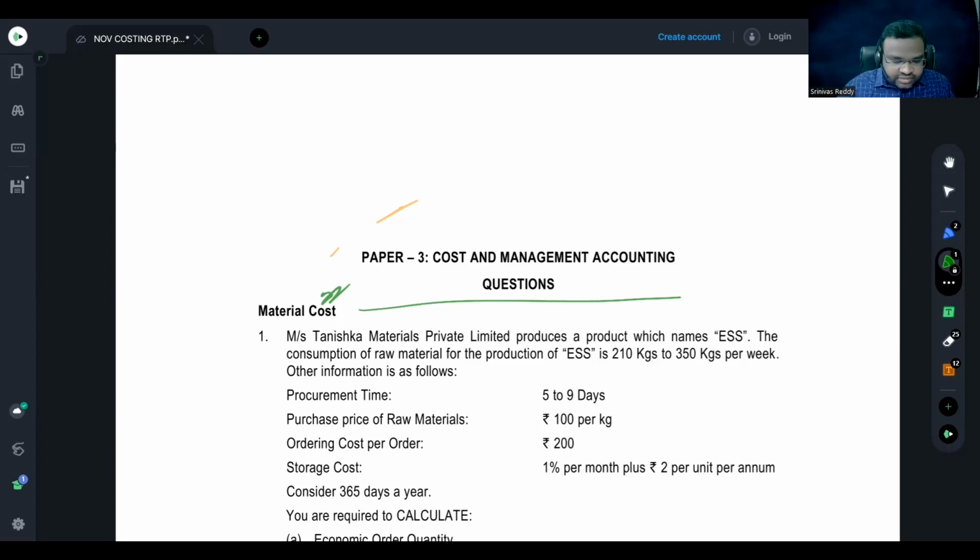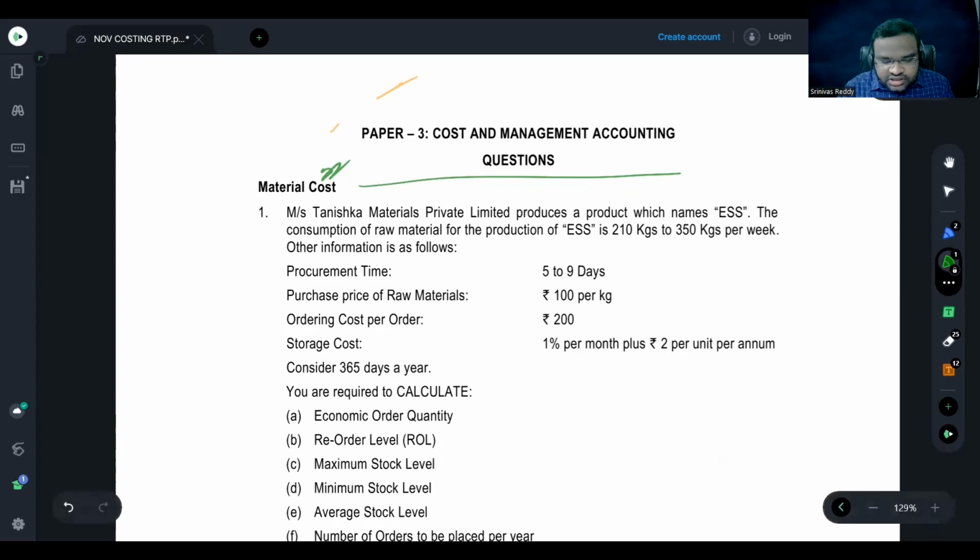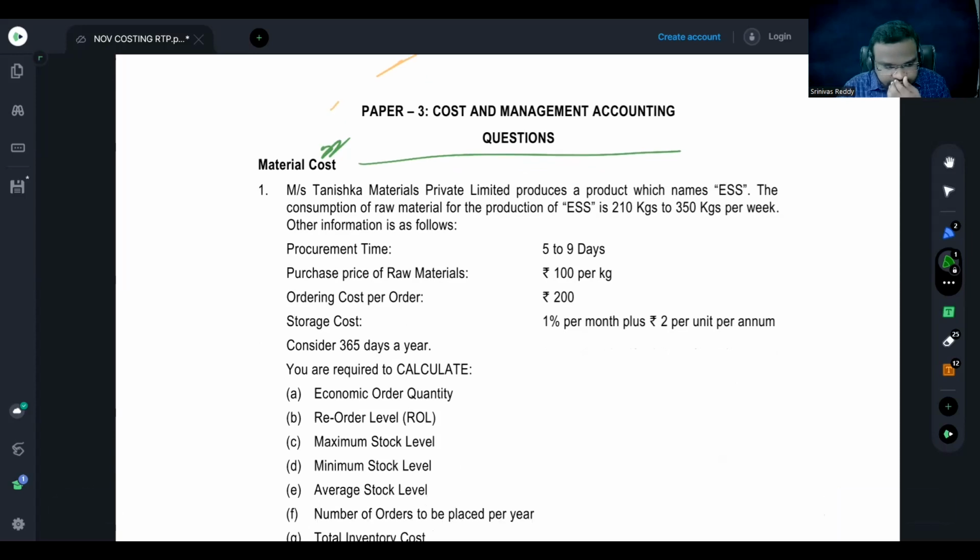Right. The first question we would be discussing is about the inventory levels. We have done a number of questions on inventory levels. If you refer to our materials cost chapter, you will understand how many questions we have done on this. With respect to material cost, the important point is calculation of EOQs and inventory levels.